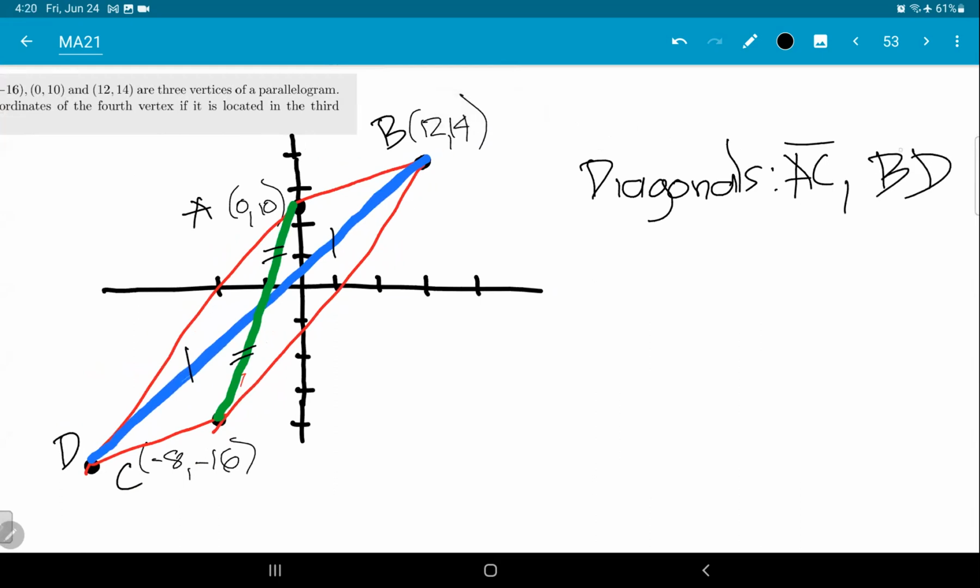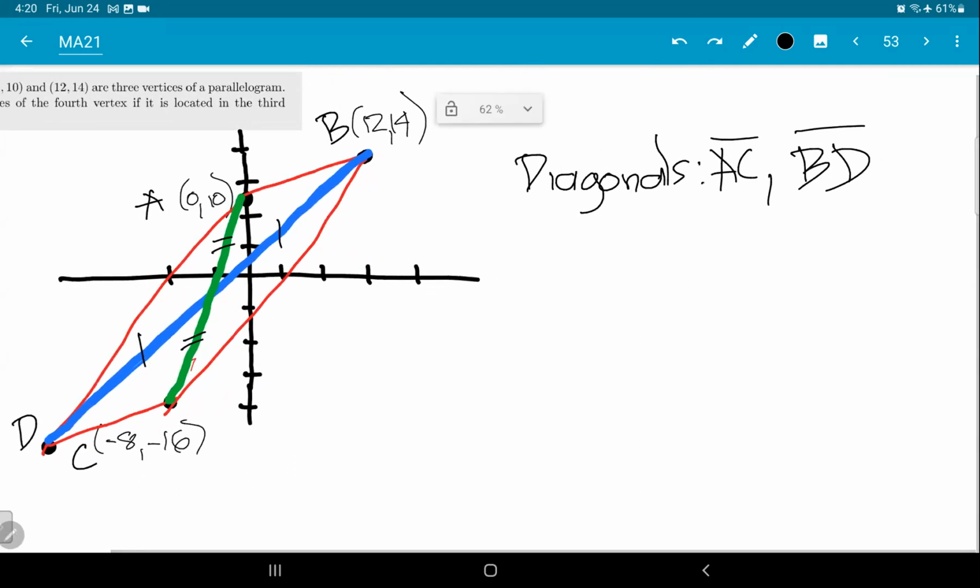Which diagonal can give us the intersection point? Yes, diagonal AC, di ba? Kasi given na, hindi kagaya ni BD, wala si D. Yun ang hinahanap natin si D. So first, let's use AC to get the intersection.